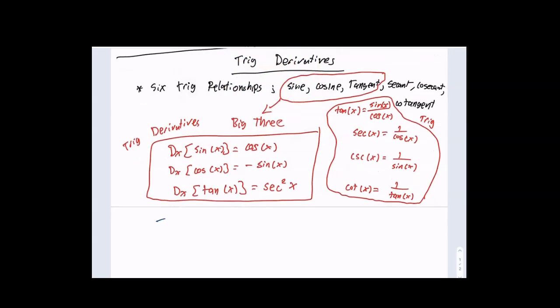Now, I want to note here, I can prove these using the definition of the derivative and trig properties.